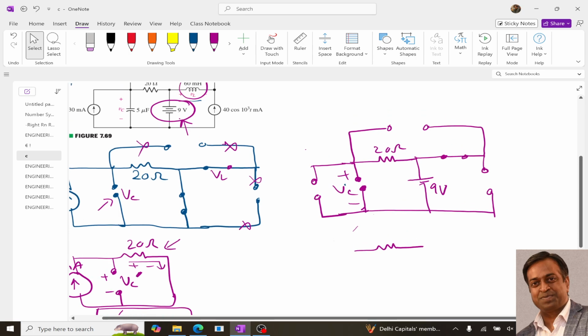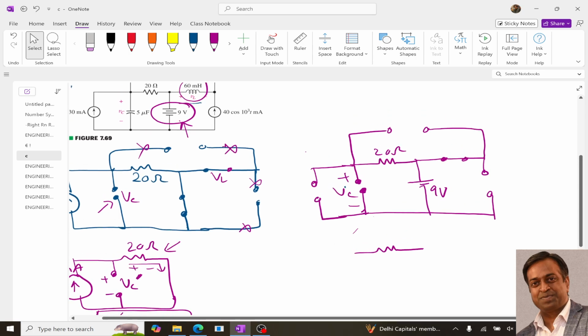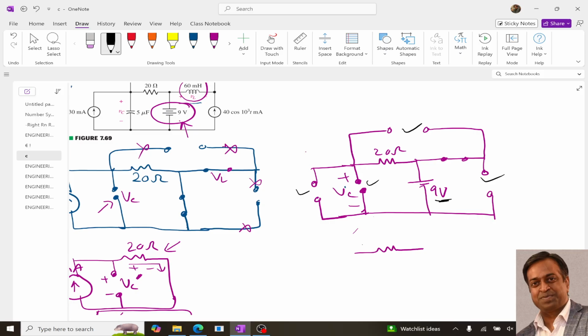So now you can see, this particular circuit is open from everywhere, right? It is open from here, from here, from here, from here. So the current through the 9 volt battery will not be there, because there is no closed path.